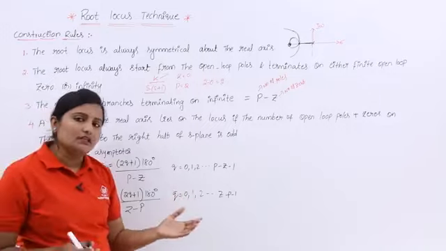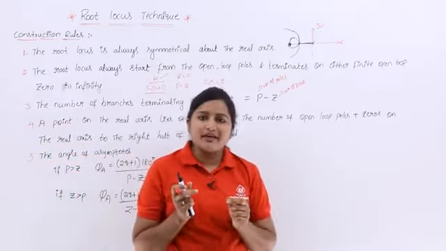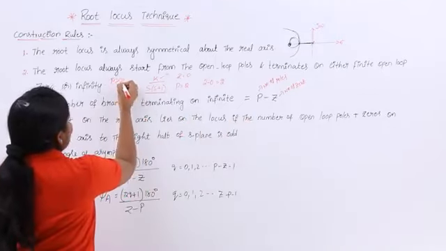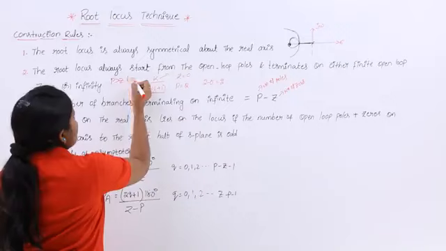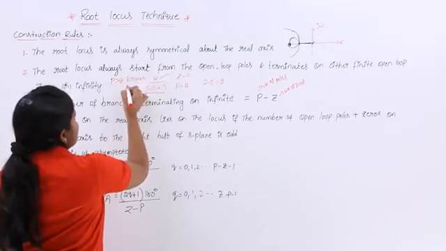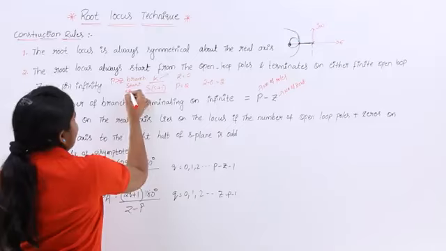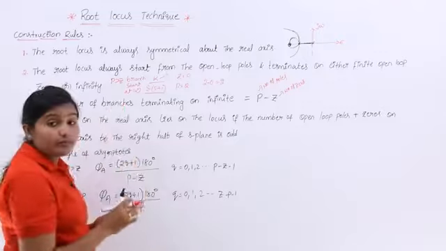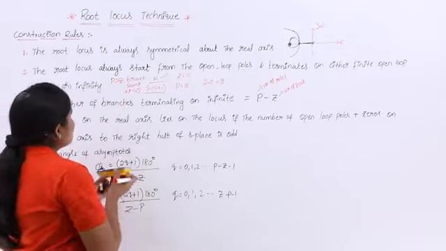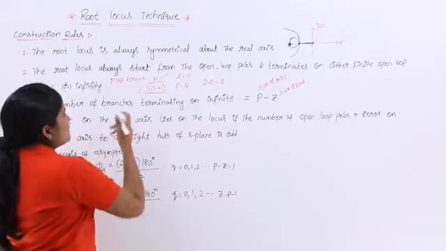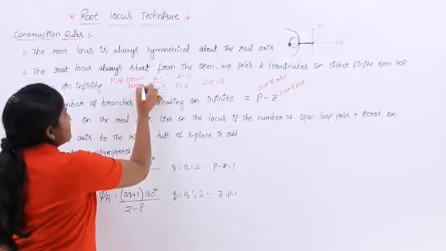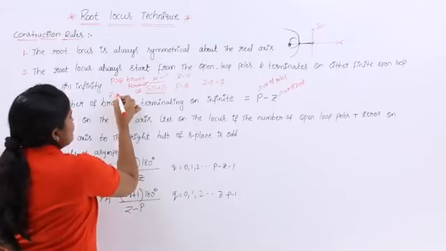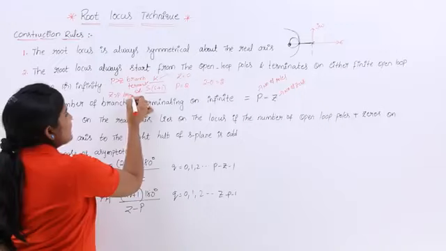You can observe the difference: whenever poles are greater than zeros, the branch will terminate at infinity, and if zeros are greater than poles, the branch will start at infinity.